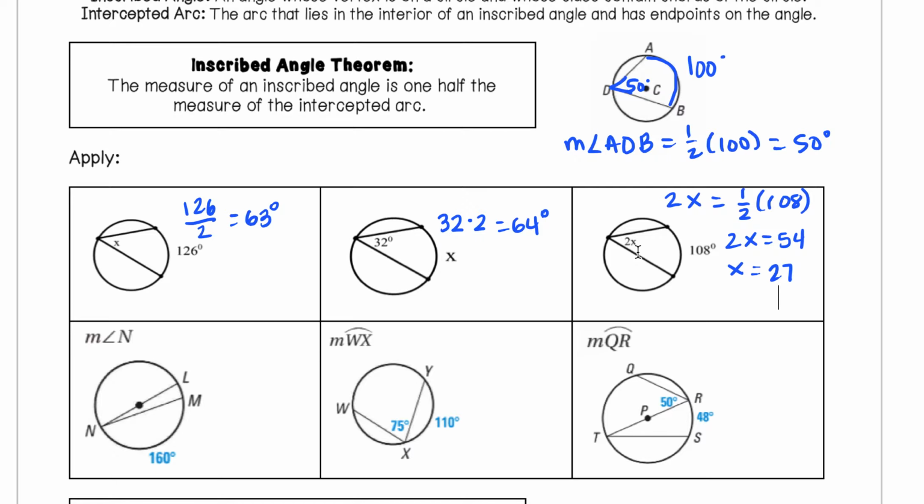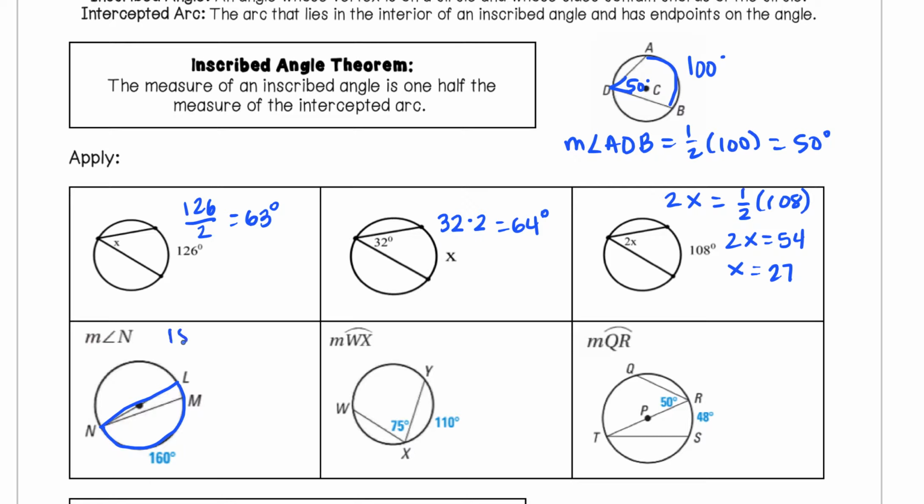In our next example, we are given that we have the arc NM as 160 degrees, and we can see that NL is a diameter. So since NL is a diameter, we know that NML, this arc, would be a total of 180 degrees because it is a semicircle.